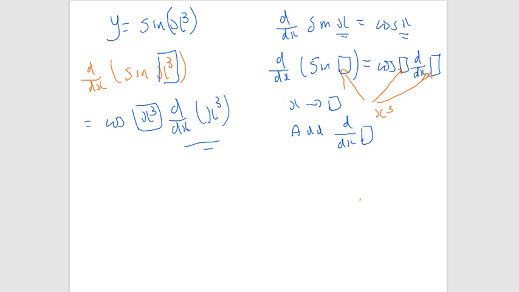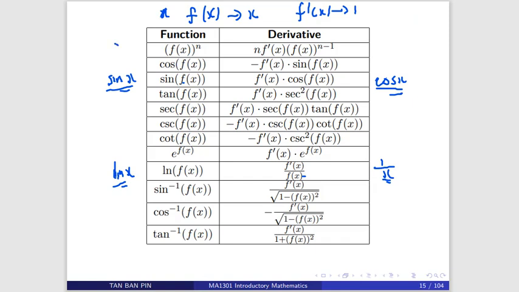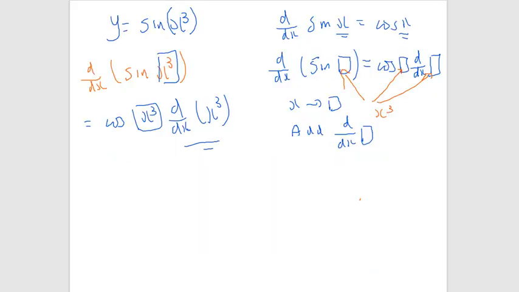Differentiating x power n gives n x power n minus 1. So differentiating x cubed is 3x squared. So the answer is 3x squared cosine x cubed.